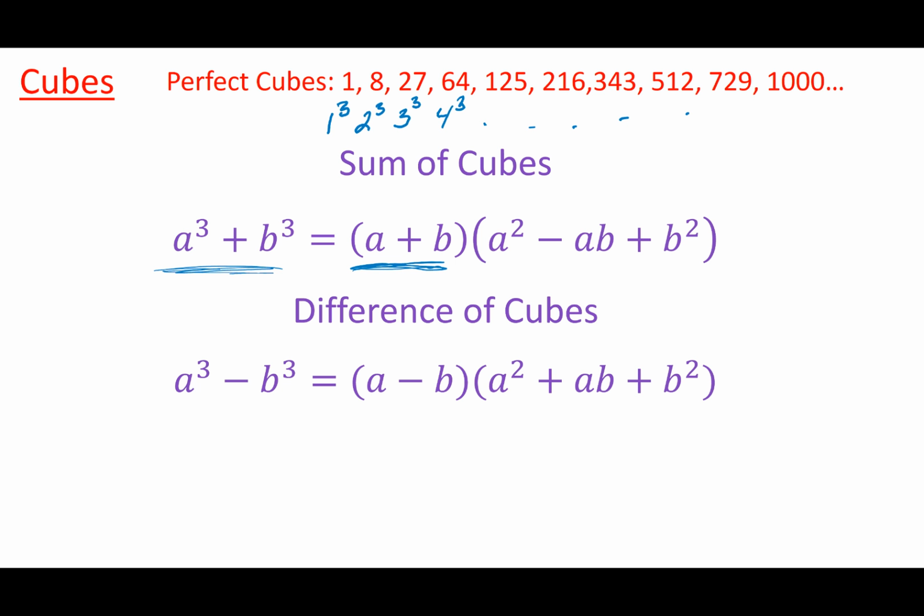Because I'll identify a and I'll identify b. So if it's a sum, the first set of parentheses is also a sum. The only different part is going to be this sign in front of a times b. And it's the opposite of whatever your original was. So if it's a sum of cubes, it's actually a negative ab. If it's a difference of cubes, it's a positive ab.